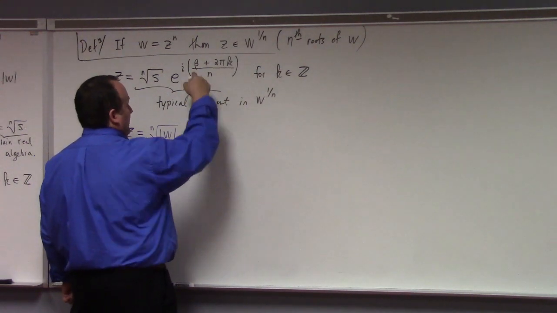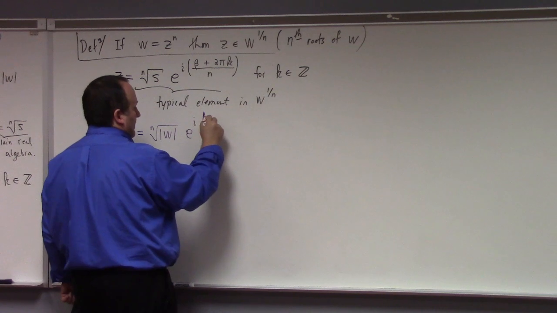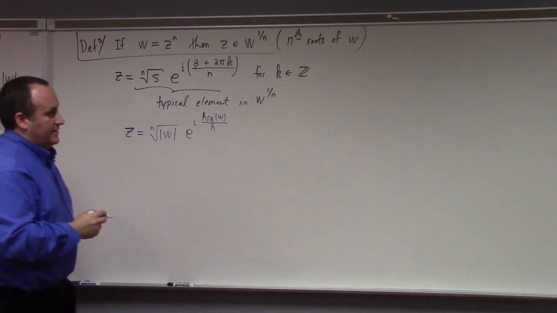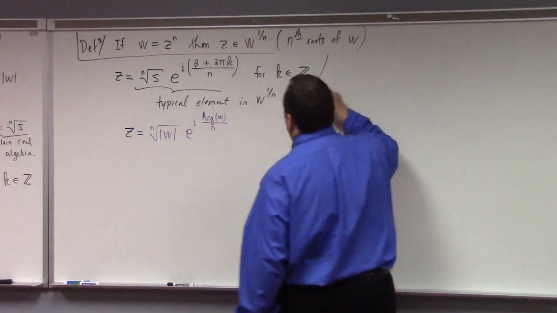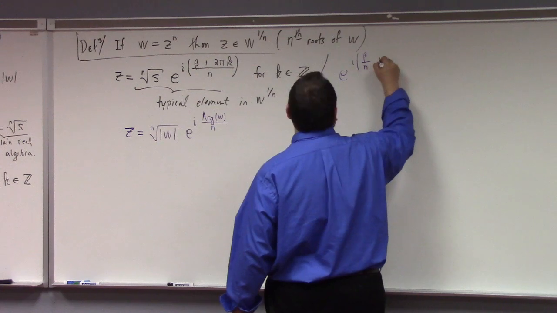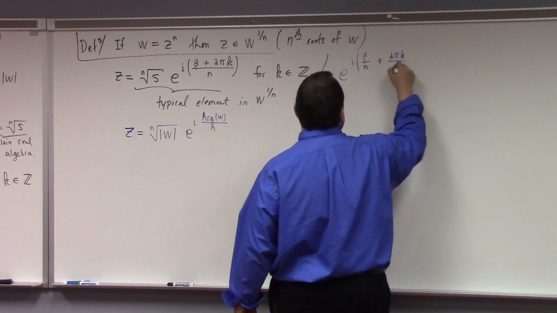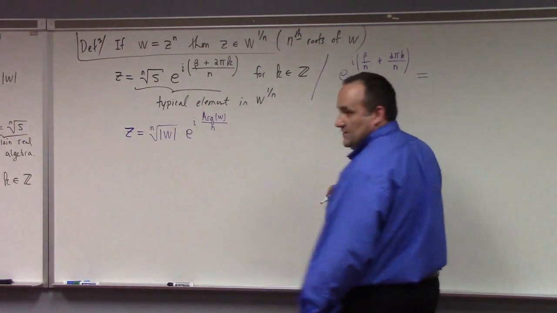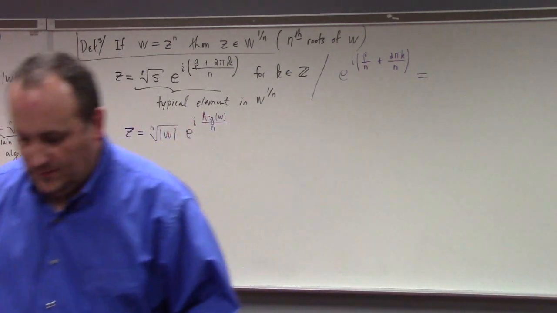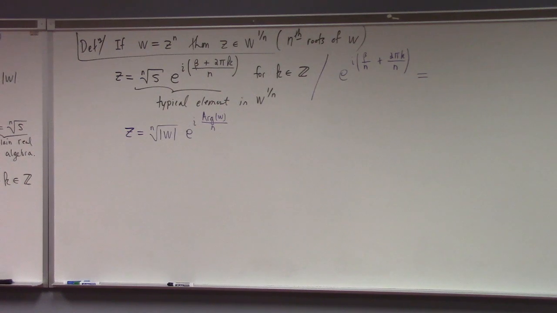Now, beta was arg w over n. And sidebar, notice that e to the i times beta over n plus 2 pi k over n, by properties of the imaginary exponential, you will prove in the homework. You probably already got me, don't you? Okay, cool.